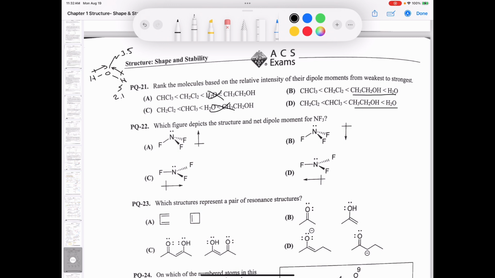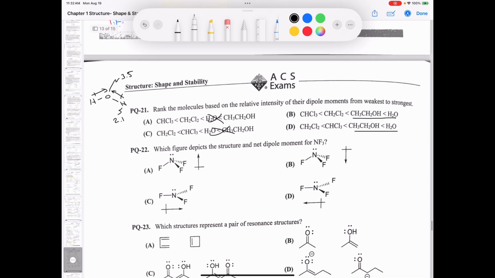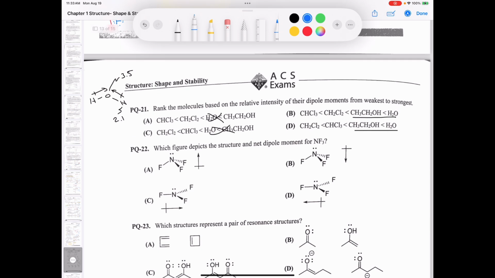So now it's between chloroform and dichloromethane. Well, if you look at those molecules, and I don't really have a lot of space here, but if you look at chloroform, you have all these bonds to chlorine like this, whereas if you have methylene chloride or dichloromethane, they both mean the exact same thing, then you have 2 bonds to chlorine.